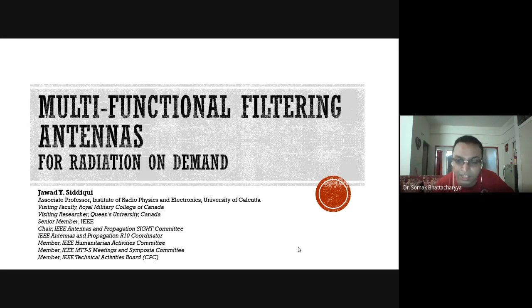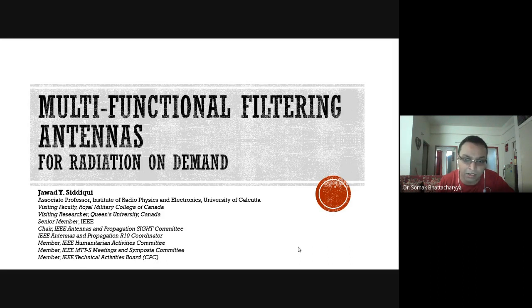He has more than 150 publications in peer-reviewed journals and conferences. His research areas include printed circuits and antennas, radar, and nanophotonics. He is a co-principal investigator on the stratospheric tropospheric ST radar project at the University of Calcutta.